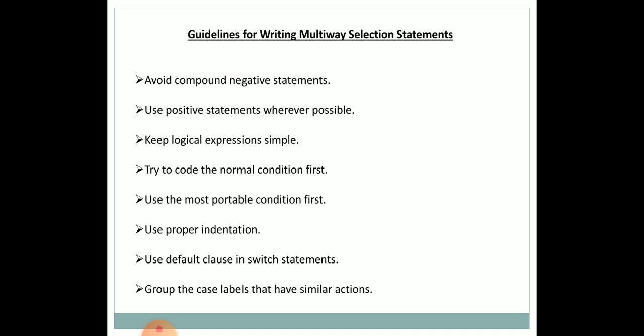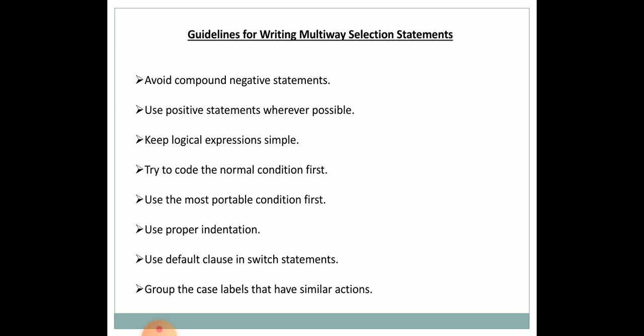The first one is avoid compound negative statements. So wherever possible, make use of the positive statements. Compound negative statements may make the program more complex. And keep logical expressions simple.